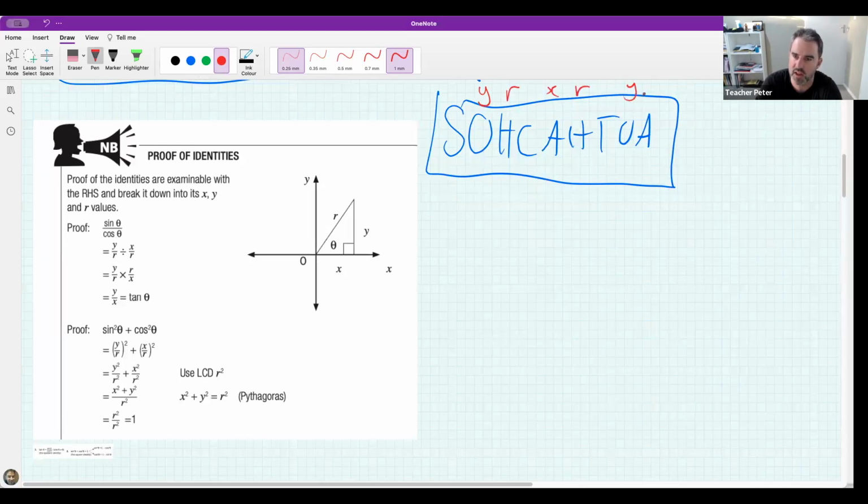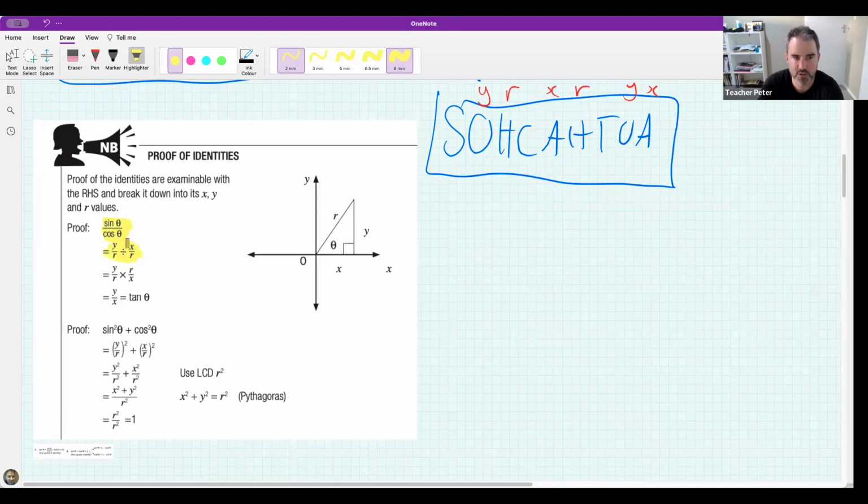So SOHCAHTOA in grade 11 can be rewritten, maybe it's even better to leave it with the small things on top. Let's do it like that, where we replace it. Now, if you write the sine of theta over the cos of theta, that is the same as writing y over r divided by x over r.